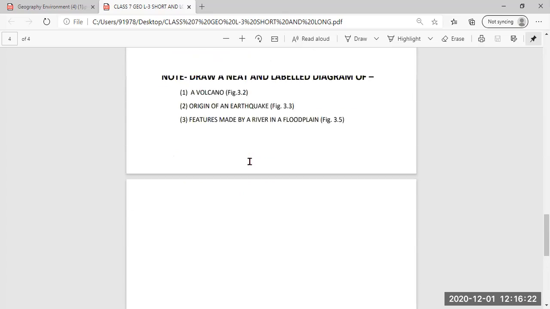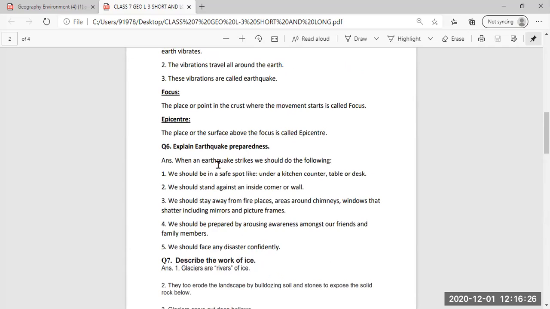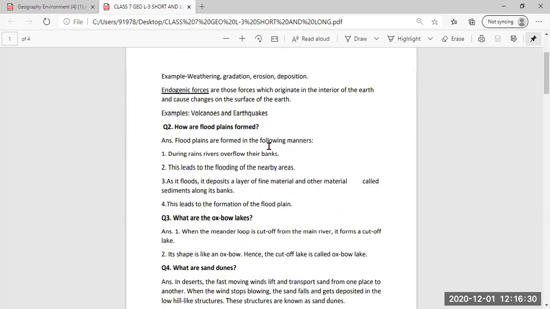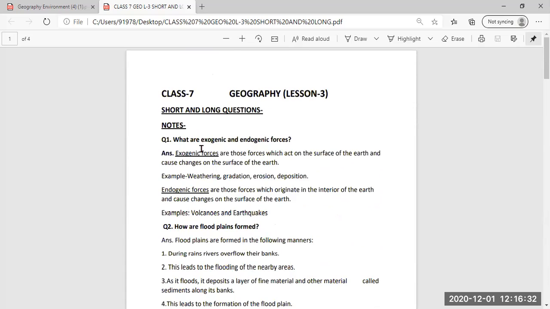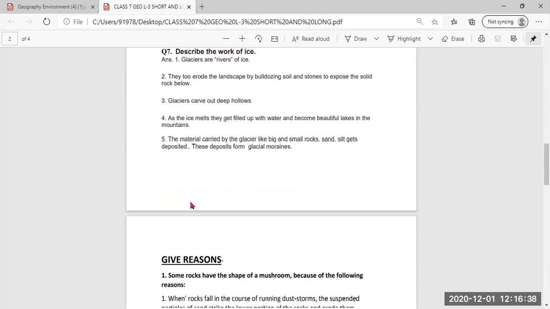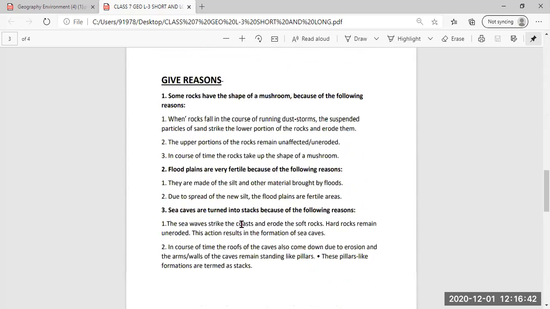So in the notebook, first of all you have done the very short question answers that I asked you in the previous class. Now the next thing of this lesson you will do is short and long question answers. All these seven question answers you will do neatly. Then after these seven question answers, you have to do give reasons also in the notebook.